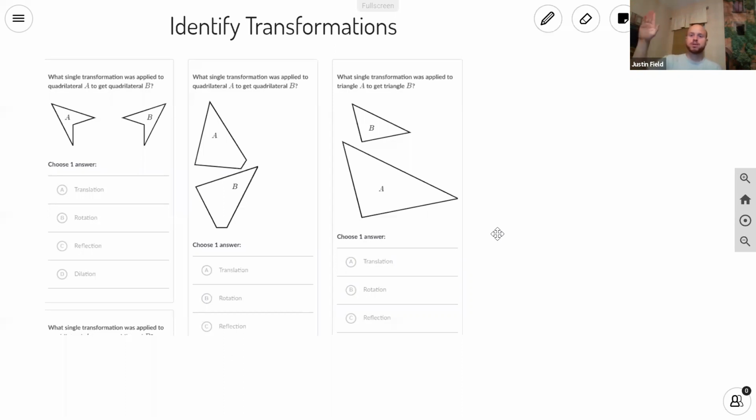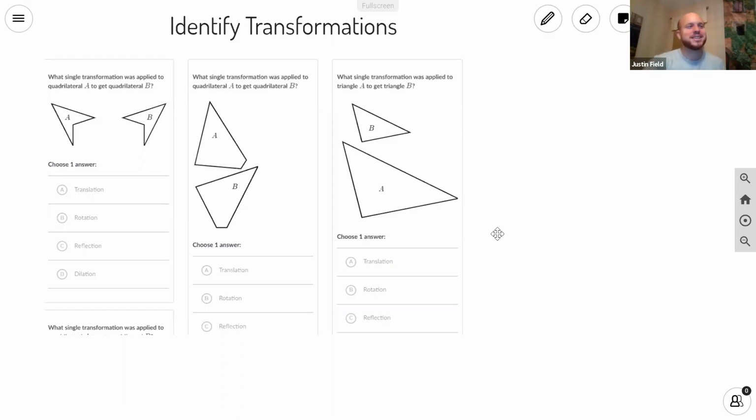Another robot wave. Rotation. And the creepy one is the dilation wave. Hello. That's when the size changes. It's really weird. Who waves like that? Okay, so in review. Reflection wave. Translation wave. Rotation wave. Dilation wave.